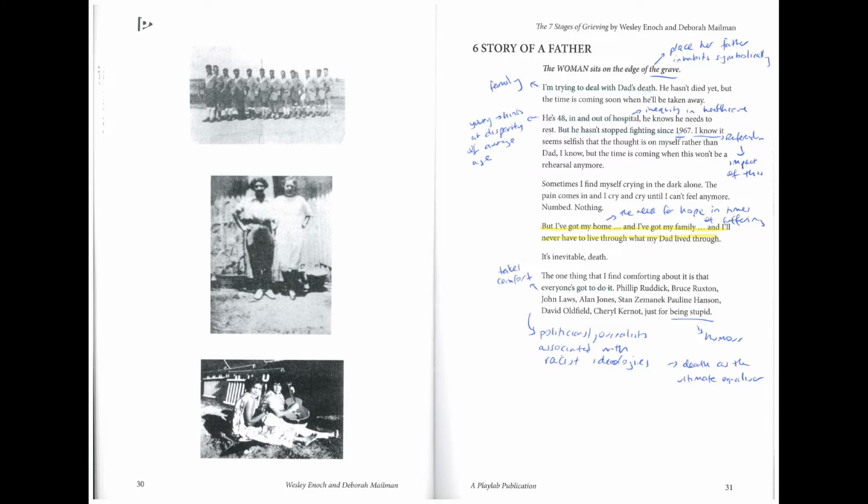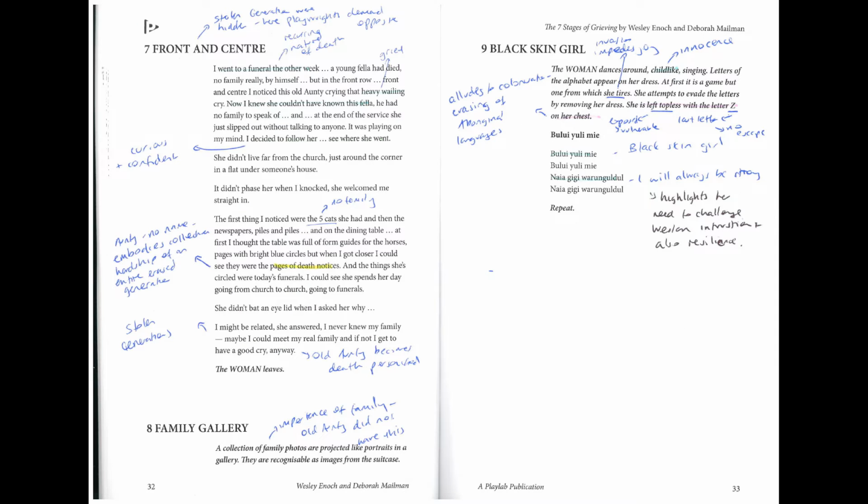The one thing that I find comforting about it is that everyone's got to do it. Philip Ruddock, Bruce Ruxton, John Laws, Alan Jones, Stan Zemanek, Pauline Hanson, David Oldfield, Cheryl Curnow, just for being stupid.